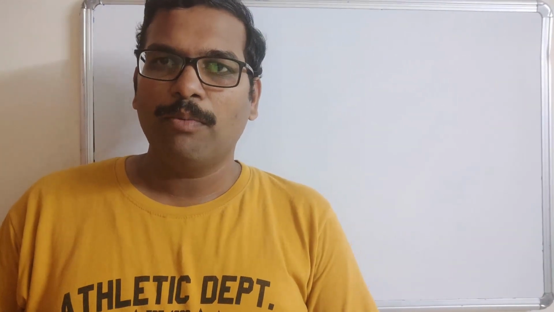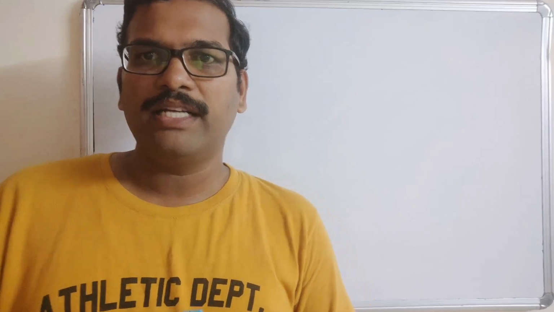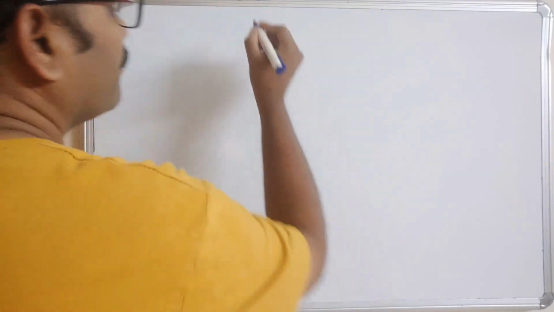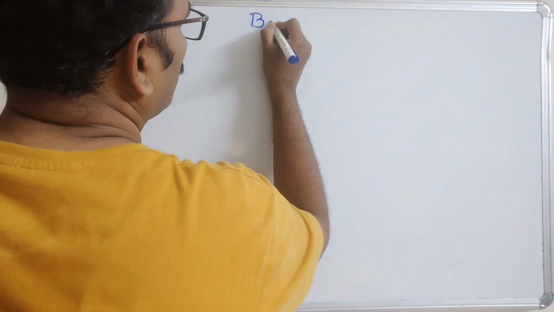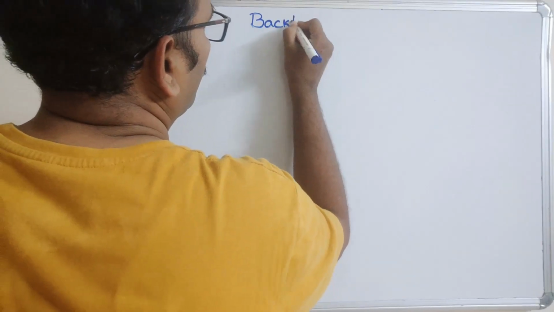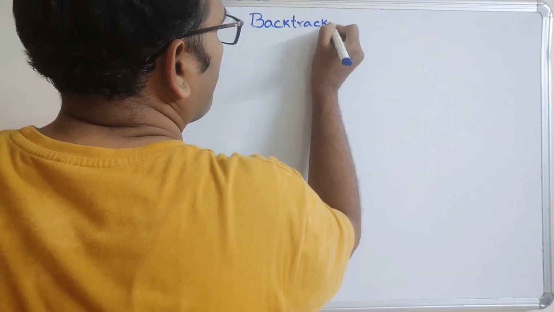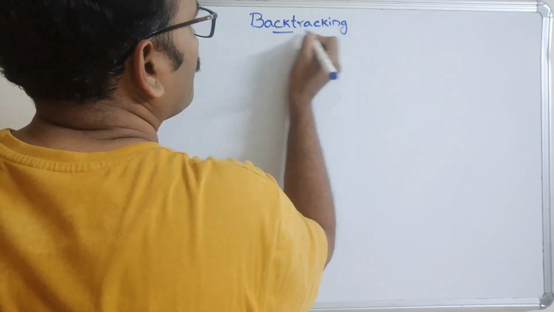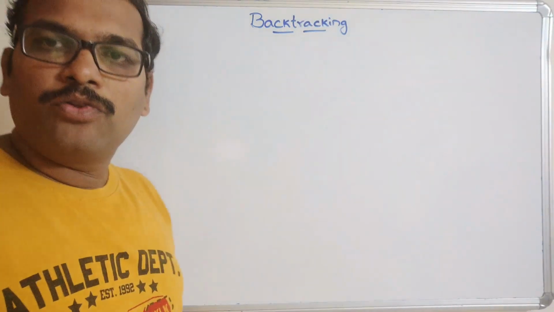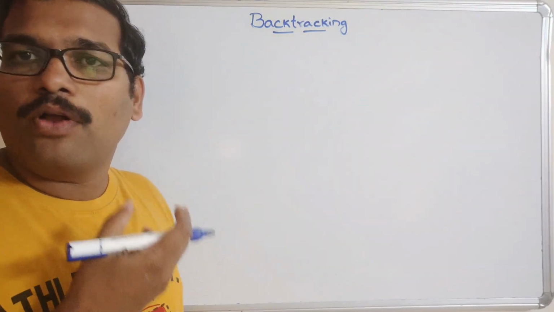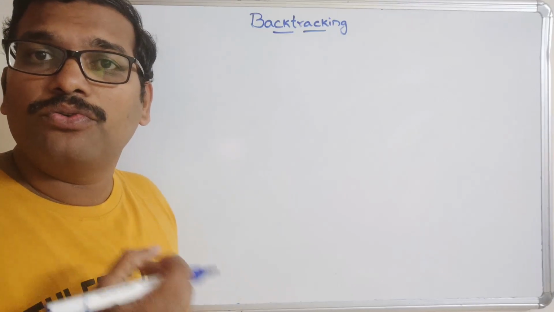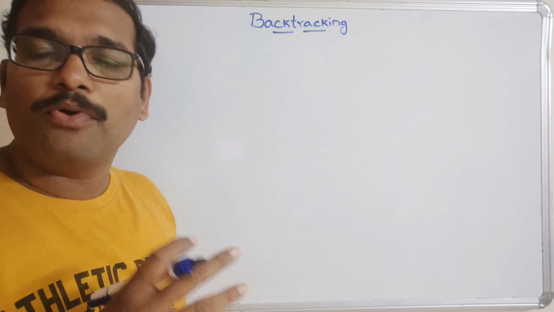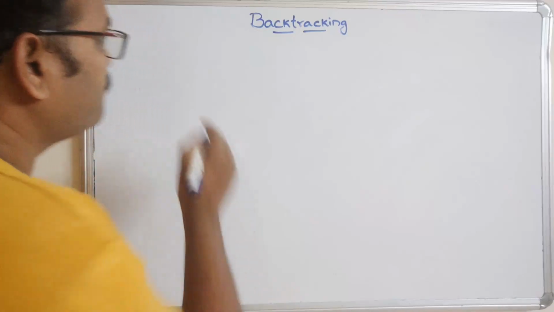So today we'll see one more concept in algorithms, that is backtracking. This is also one problem solving technique which is used to solve the problems based upon the brute force approach.